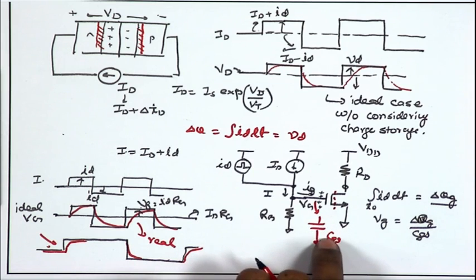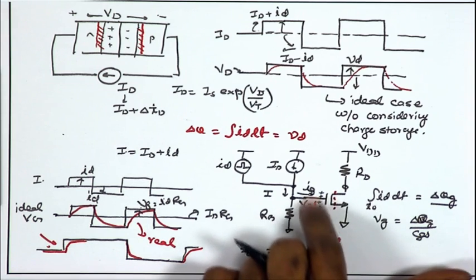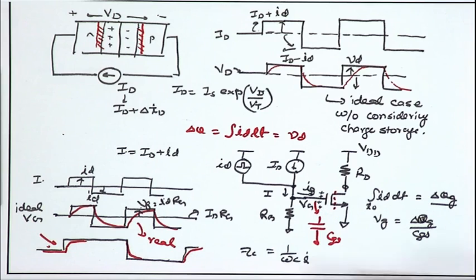That can also be understood from the point of view of complex impedance of the capacitance. The complex impedance of the capacitance ZC is defined as 1 upon omega C, or including the phase factor, 1 upon j omega C. For larger frequencies their impedance reduces, and therefore they can no longer be treated as open circuits. We need to take into account their finite impedances.